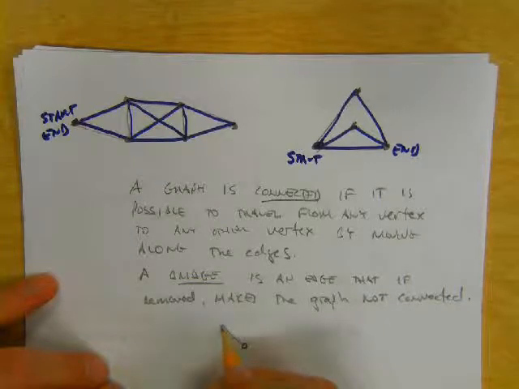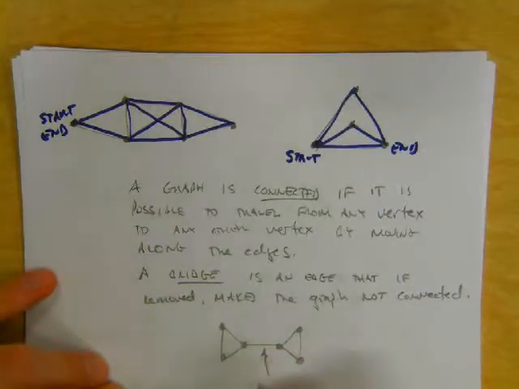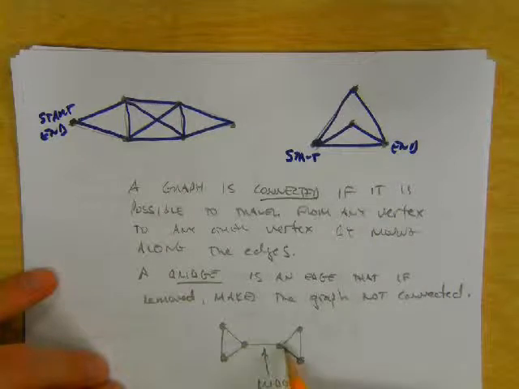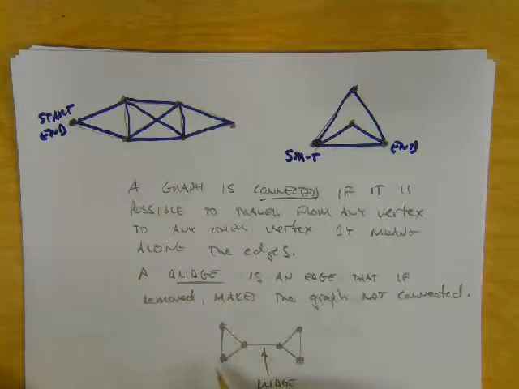Say that we have a graph that looks like this. If this edge is removed, then it's not possible to get from any one of these 3 vertices to any of these 3 vertices. But if you remove any single one of the other edges, you can still traverse all the vertices.